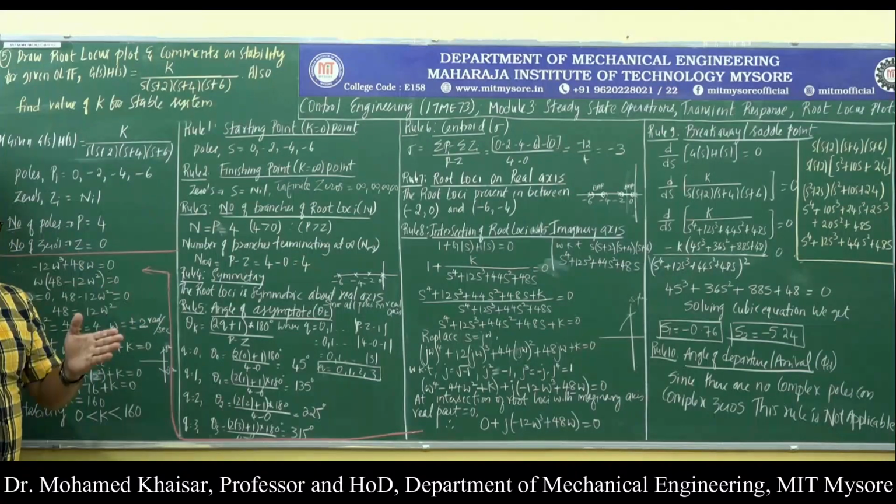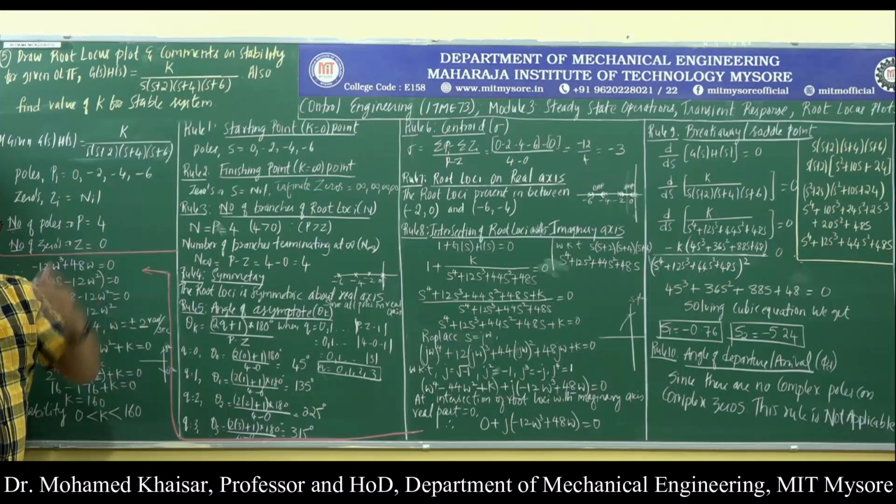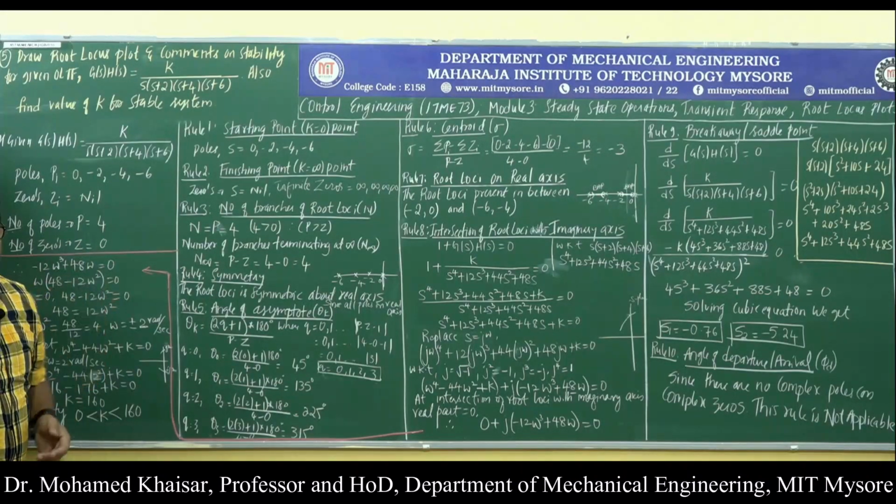And at 160, the root locus is going to intersect the imaginary axis. It will be exactly on the imaginary axis, where the system will be neither stable nor unstable. And if you further increase the value of k beyond 160, the system becomes totally unstable.